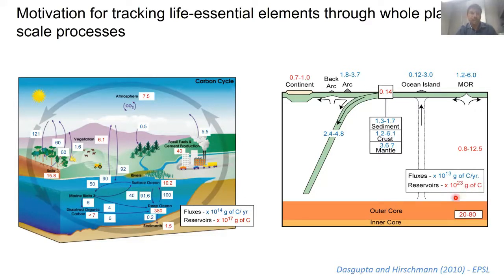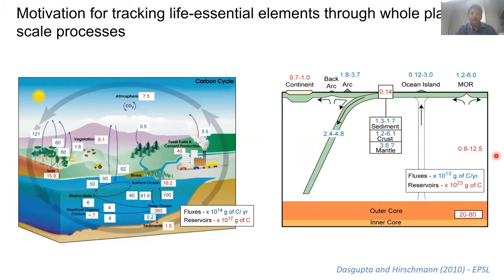They are on the order of 10^22 to 10^23 grams of carbon, right? So if you take the ratio of the fluxes and the reservoir size for this whole planet scale carbon cycle box model, you will end up getting residence times on the order of billions of years, or at least tens of millions of years.